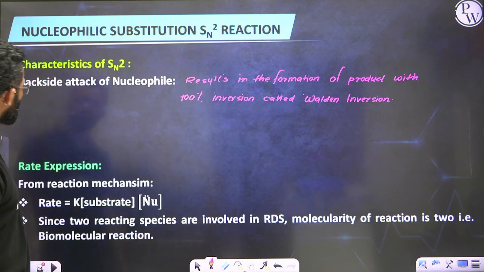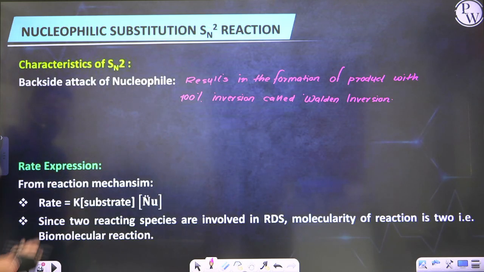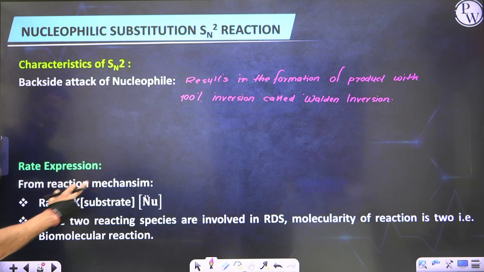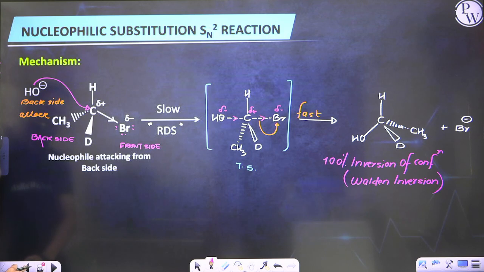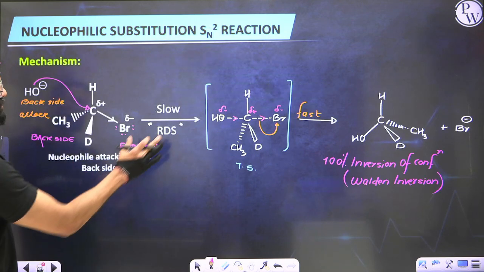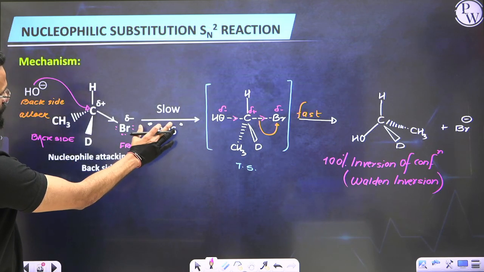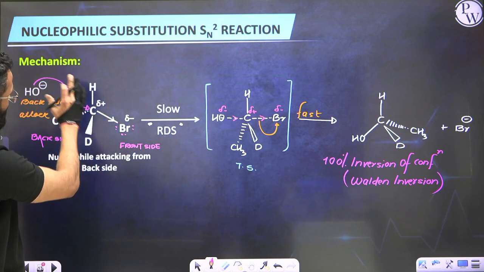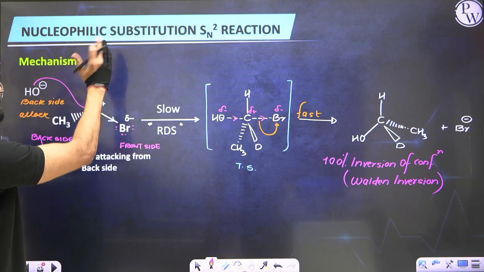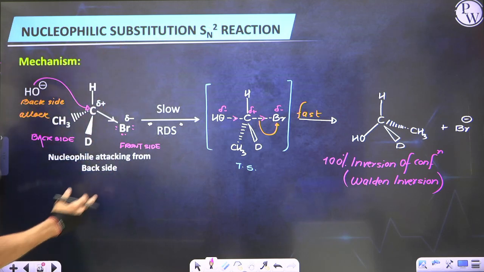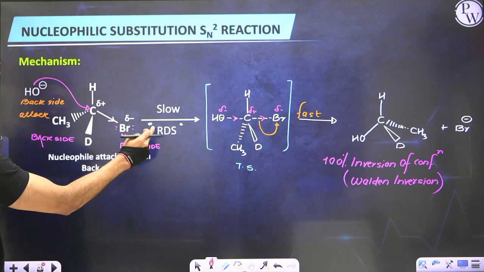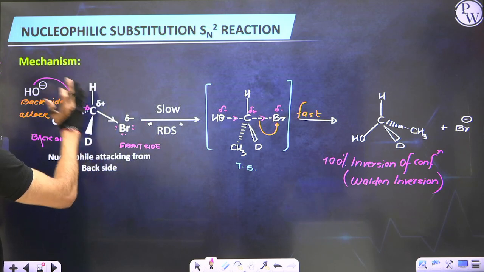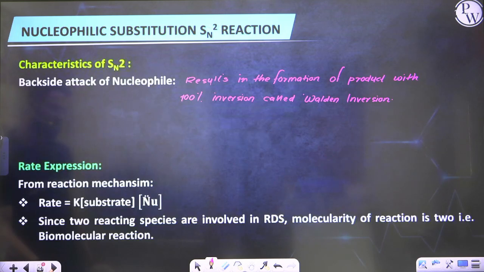Coming back to the characteristics, rate expression. From the reaction mechanism, we can see rate is equal to K into... If you go back to the reaction mechanism step, the rate determining step has involved both substrate as well as nucleophile. Because both are involved, you can say it is a bimolecular reaction, meaning rate of reaction is proportional to the molar concentration of substrate as well as nucleophile.